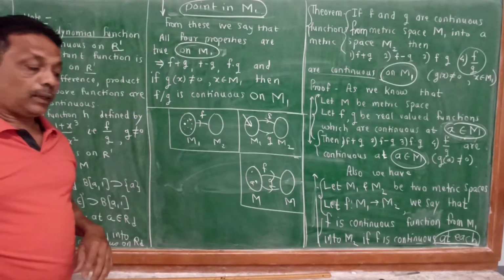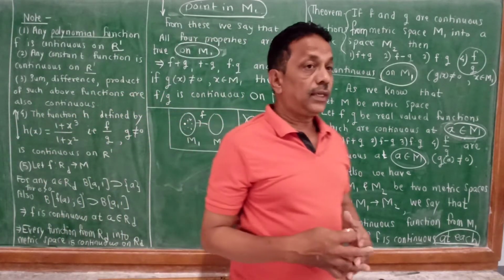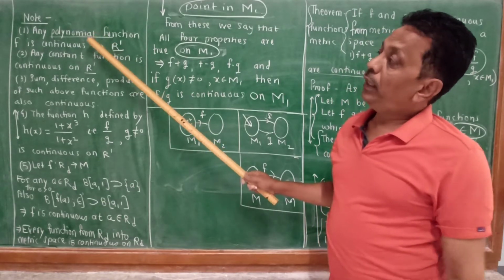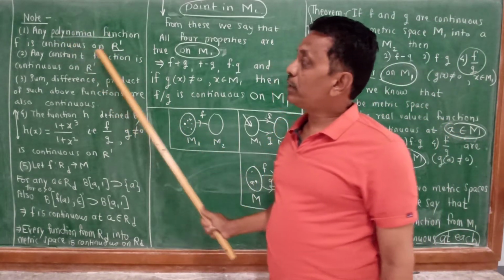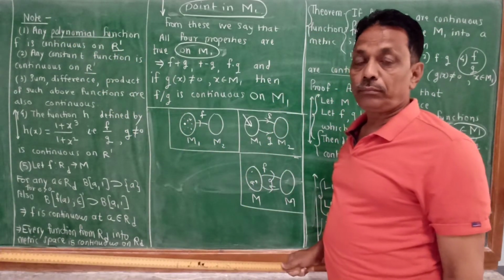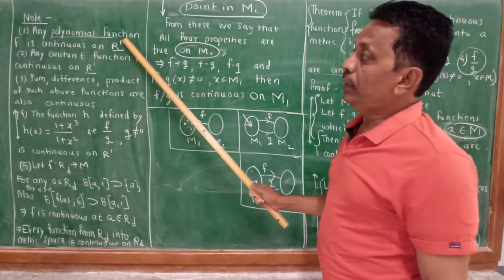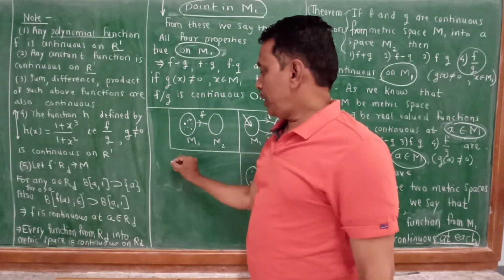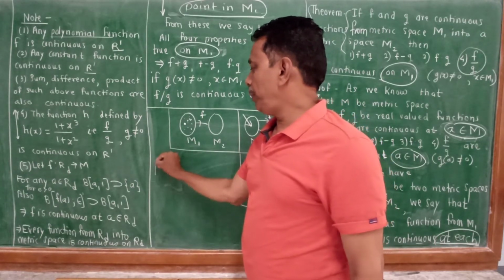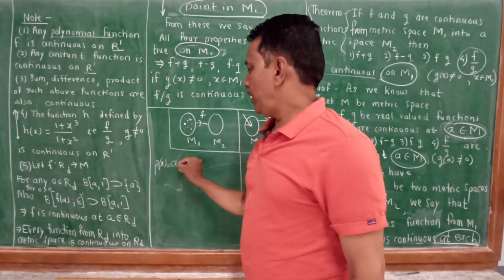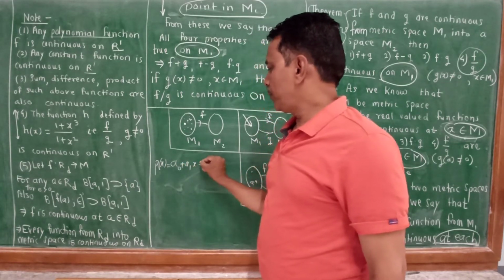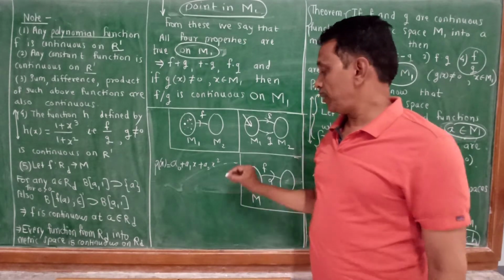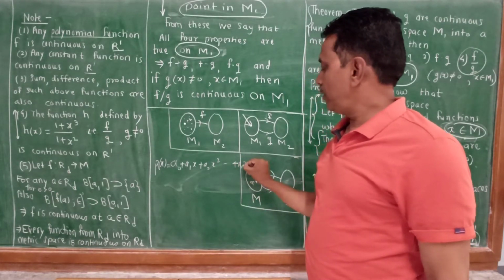Okay. Now some statements are important for MCQ. Therefore here we write: any polynomial function f is continuous on R1. We know that p of x is equal to say a0 plus a1x plus a2x square, and so on, plus an x raised to n.